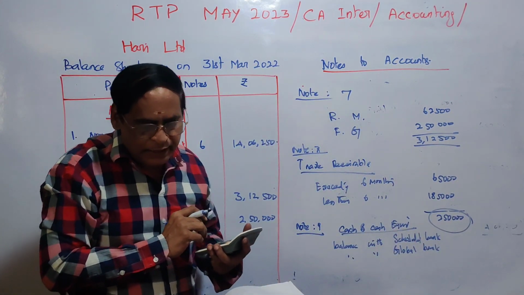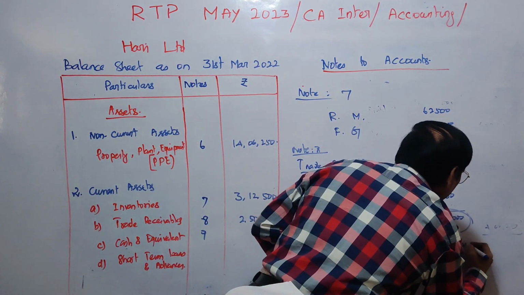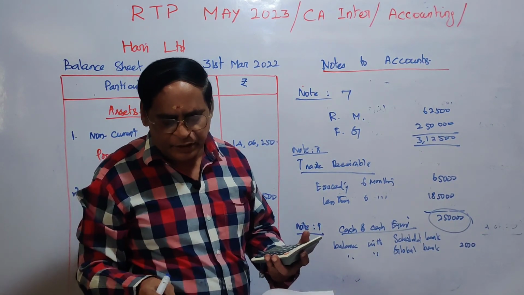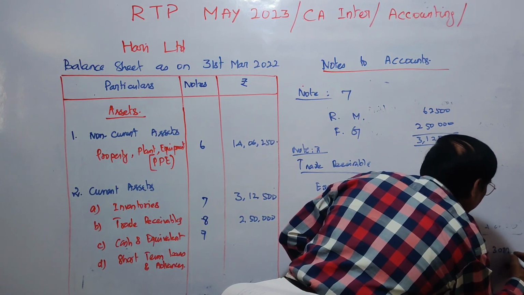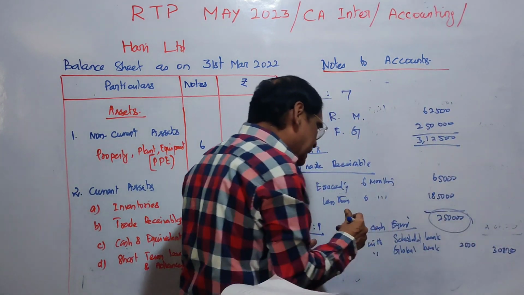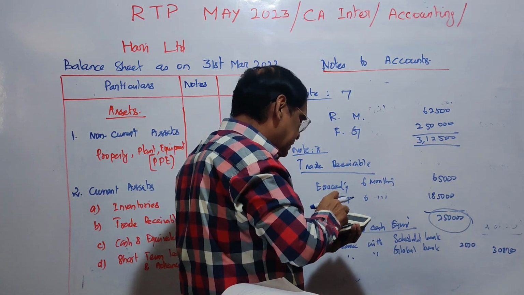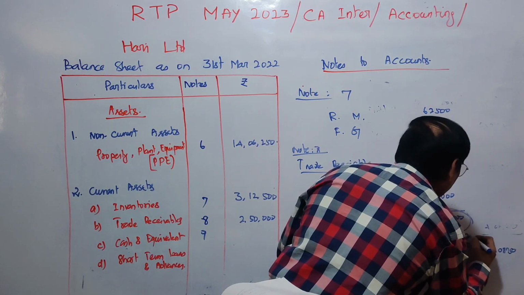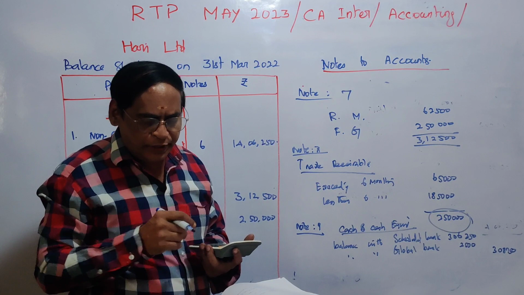So how much total balance? Global bank 2,500 and the total bank balance 3,08,750. So what should be the balance with the scheduled bank? 3,08,750 minus 2,500 is 3,06,250. And then cash in hand has to be shown here only.